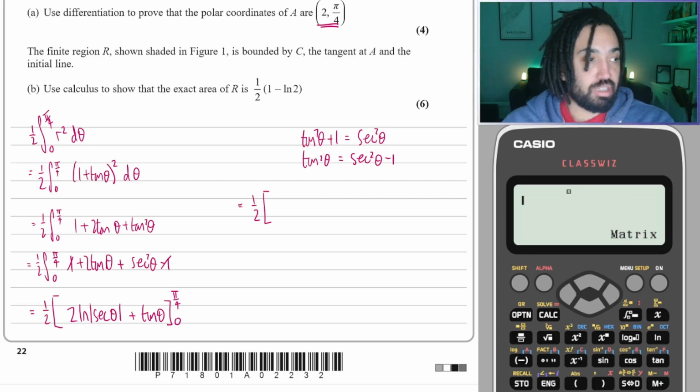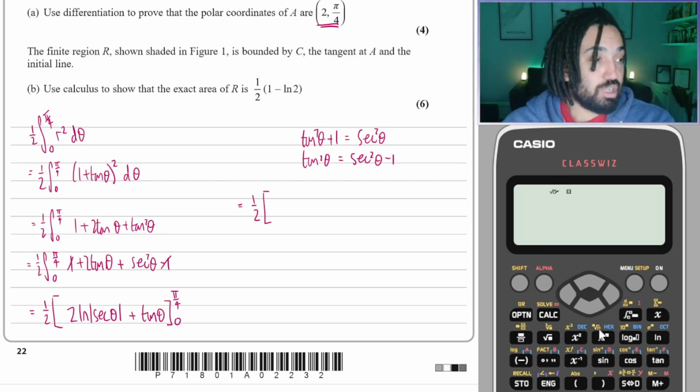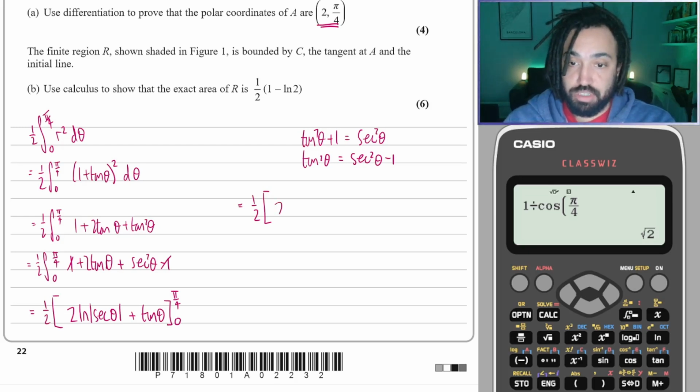Okay, so we're going to use the calculator just to be double sure. It's in radian mode, and we're inputting into sec, which we can't do on our calculator. Well, we can do 1 divided by cos of pi over 4. Okay, that's going to give me root 2. So that's my first term. So it's 2 lots of ln root 2. And then when I sub pi over 4 into tan, we know that already, it gives us 1.